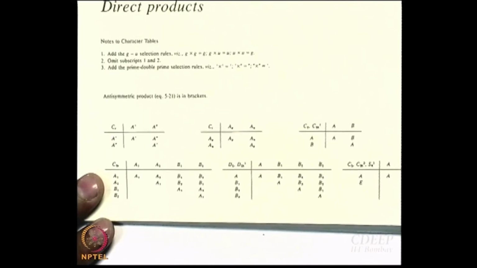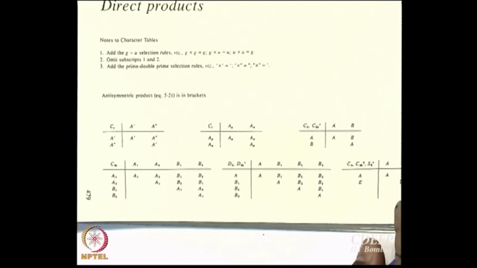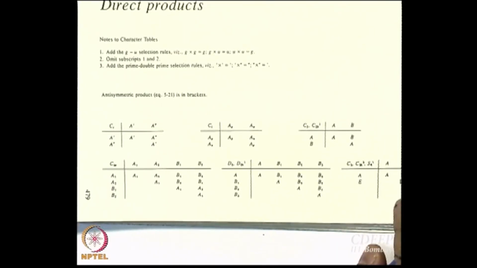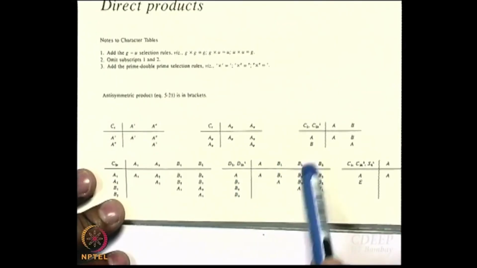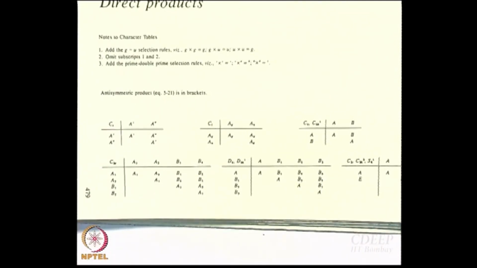So in D2H, what did we want? B1 into B2. So B1 into B2 is B3. Okay, and then U into U is always G, U into G is always U, G into G is always G. Similarly you can write down what it is going to be.